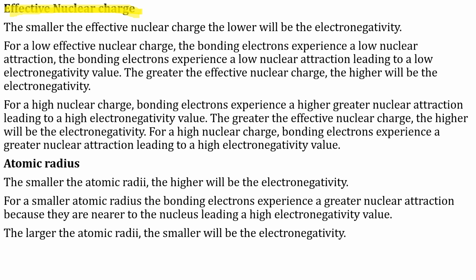The smaller the effective nuclear charge, the lower will be the electronegativity. Why do you think that's the case before even reading through this? Electronegativity is the tendency for the atom in a covalent bonding situation to attract bonding electrons towards itself. So with a low effective nuclear charge, the bonding electrons experience a lower nuclear attraction by the atoms in this covalent bonding situation. That means we expect a low electronegativity value.